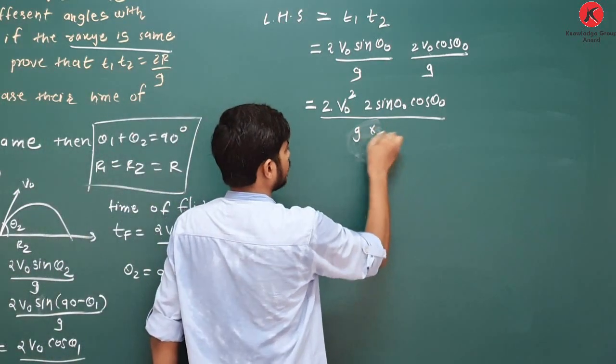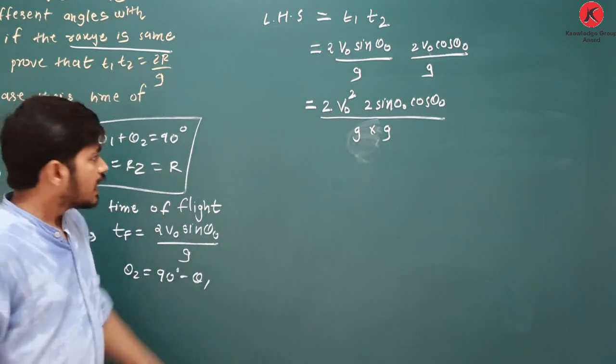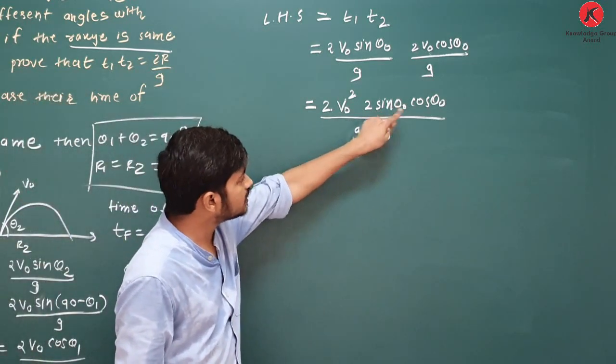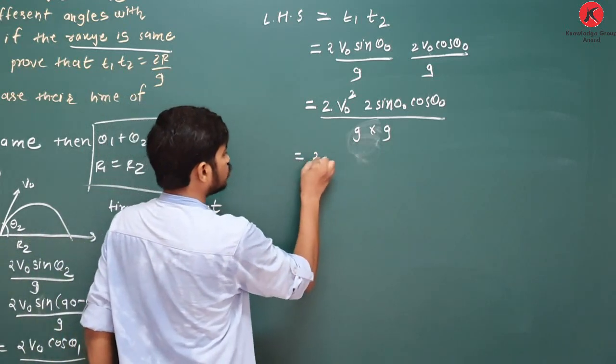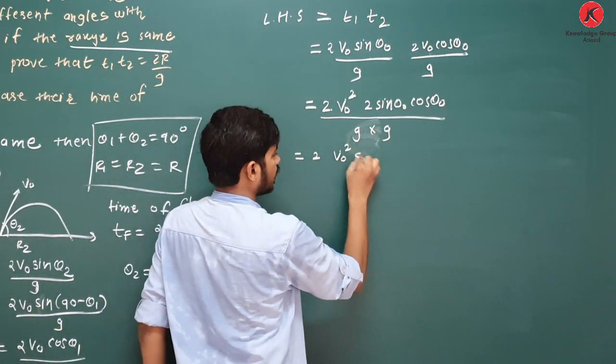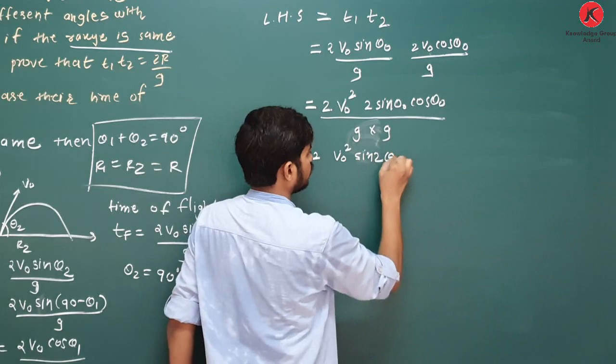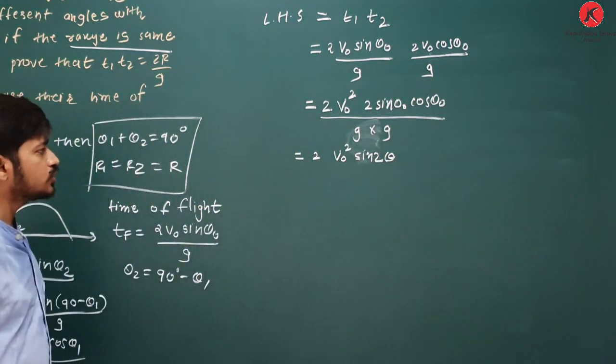Now observe this term: 2 sin theta cos theta. You know it is sin 2 theta. So how to write this? 2 V0 squared sin 2 theta.